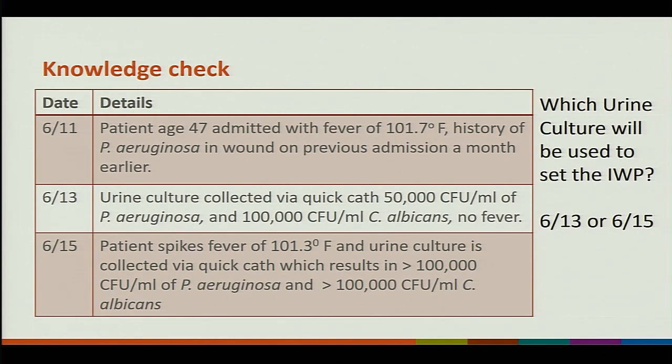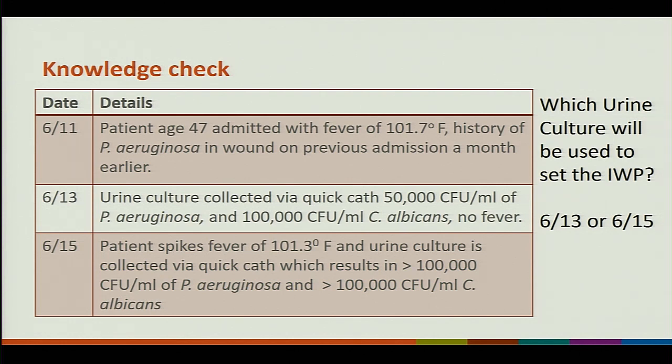Knowledge check again. Get those phones back out. This patient is 47 on June 11th with a fever of 101.7. History of Pseudomonas aeruginosa in a wound in the previous month. On 6/13, we have a quick cath done, and it was Pseudomonas aeruginosa at 50,000 and 100,000 for C. albicans, no fever.